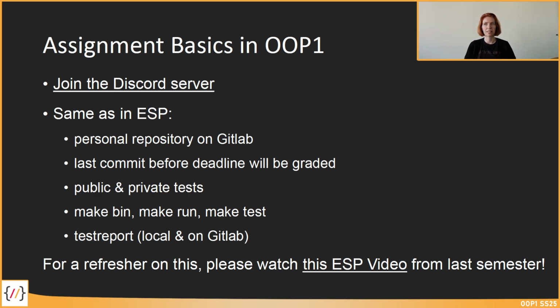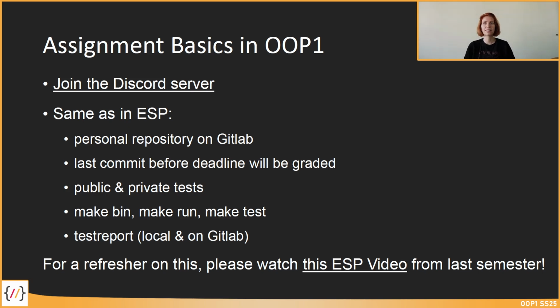There will be public and private tests, so tests where you can see the results, and these are the public ones, and private tests where you will only get a basic result, like if you pass the test or not, but no details. We will also provide to you a makefile, so you can use the make commands you probably already know, so make bin, make run, and make test, to locally execute and test your program.